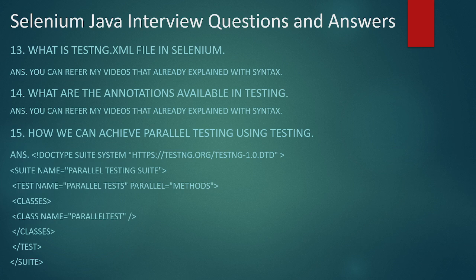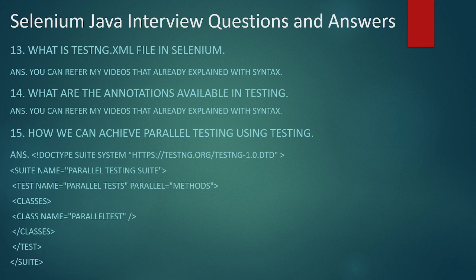Now the next one is how we can achieve parallel testing. This also we can easily achieve using the testng.xml file. First of all you have to define your suite name, using parallel testing, then the test name, also parallel test. Then in the class tag you have to mention the particular class name, and this class we have to create.